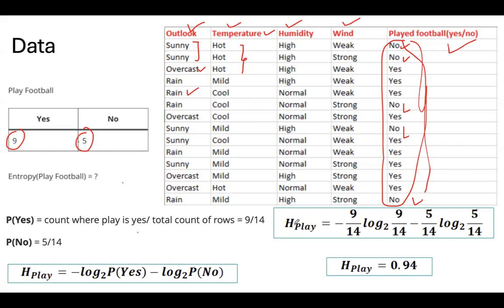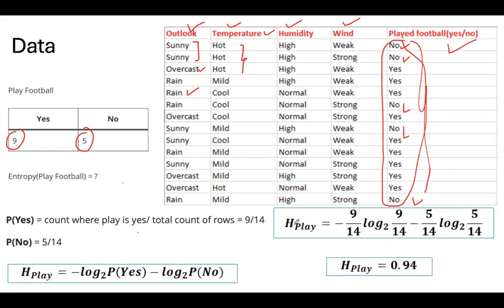Now, the next thing that we'll try to do is see that if I ask a question about outlook, and if this entropy, the value of H, reduces by asking about outlook, then how much does it reduce? I'll find that out.